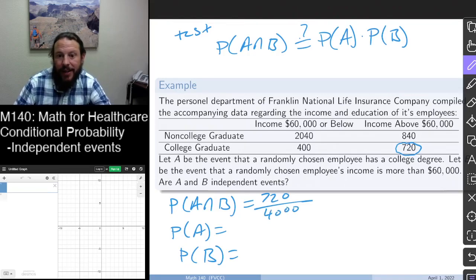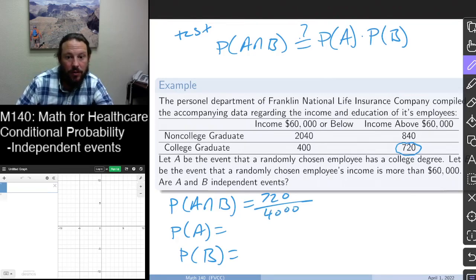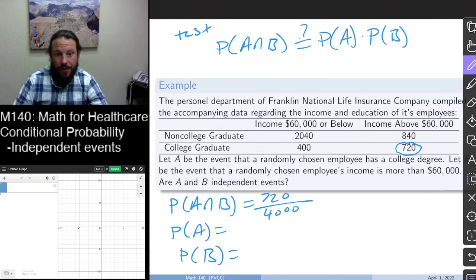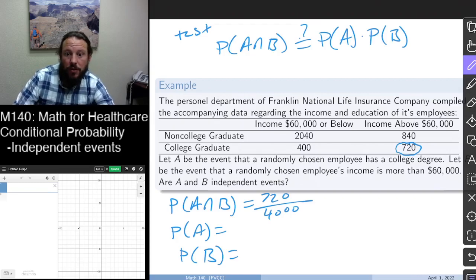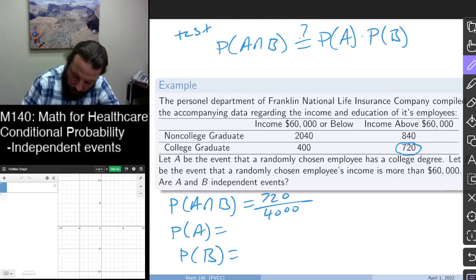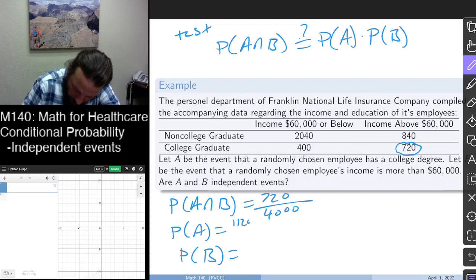Probability of A is, let's see, the randomly chosen has a college degree. That looks like 720 plus 400 have a college degree, which gives me 1120. And I still have the same sample space, 4,000.